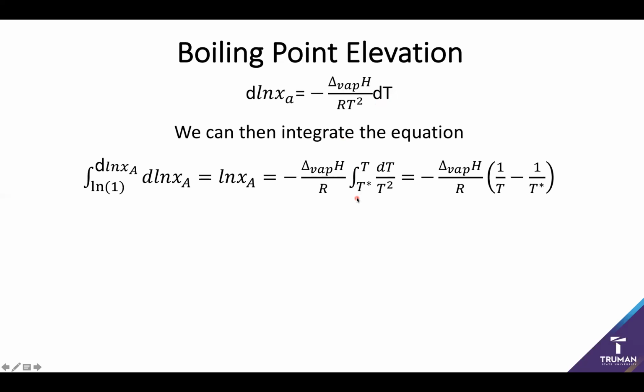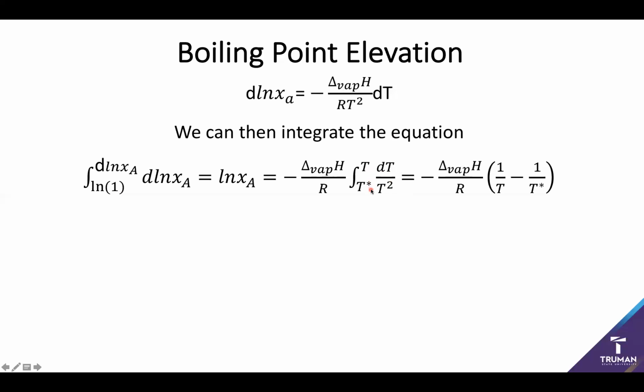Then what we have to do is just like on the last side, we integrated from the pure composition to our solvent composition. In this case, we're going to integrate from the boiling point of our pure species, so this is our normal boiling point, to the boiling point of now our new mixture. And again, all that's left on the inside is dT over T squared.